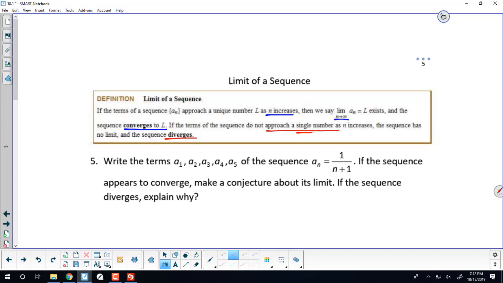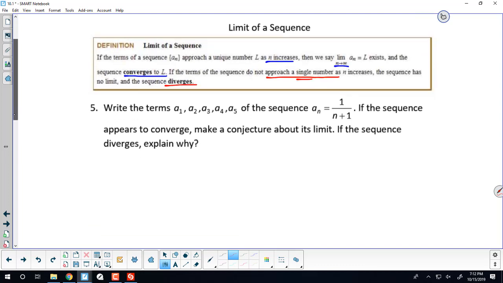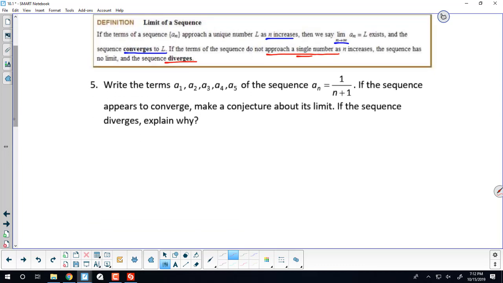Does it appear to converge? Make a conjecture about the limit, or if the sequence diverges, explain why. Honestly, writing out the first 5 terms or the first 20 terms is really not necessary to determine if this thing converges and, if so, what it converges to.